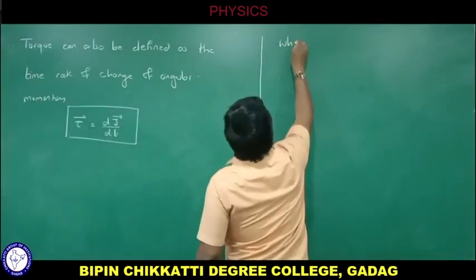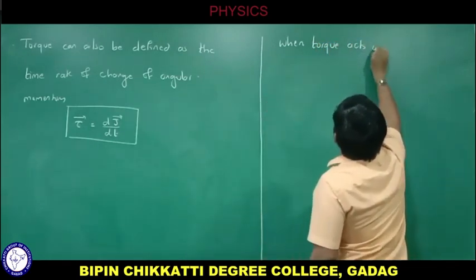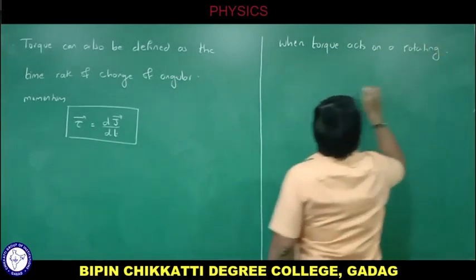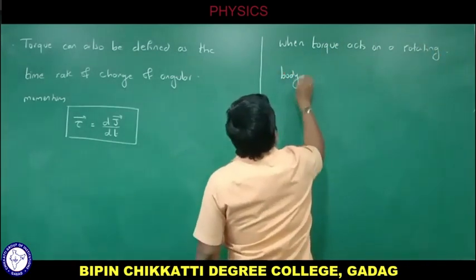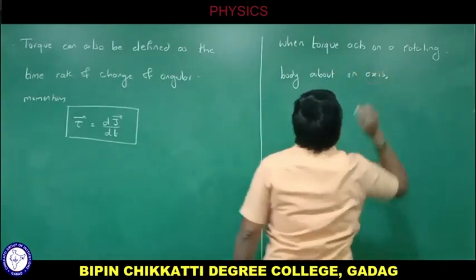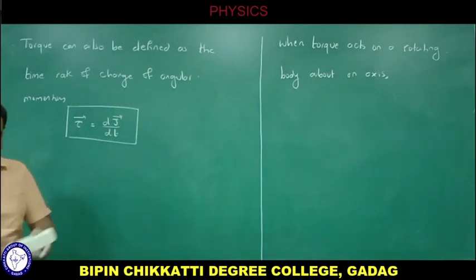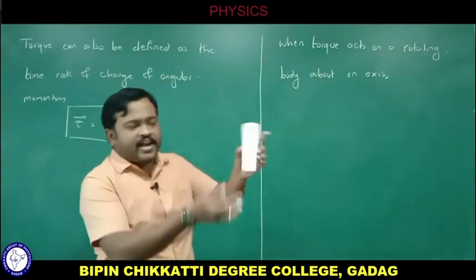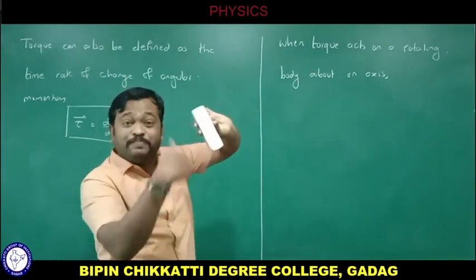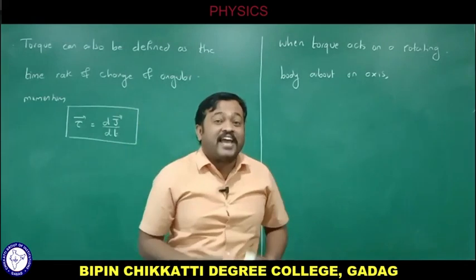When torque acts on a rotating body about an axis of rotation, what happens? The body is already rotating, and if I apply the force, its speed increases. If speed increases, the body gets accelerated.